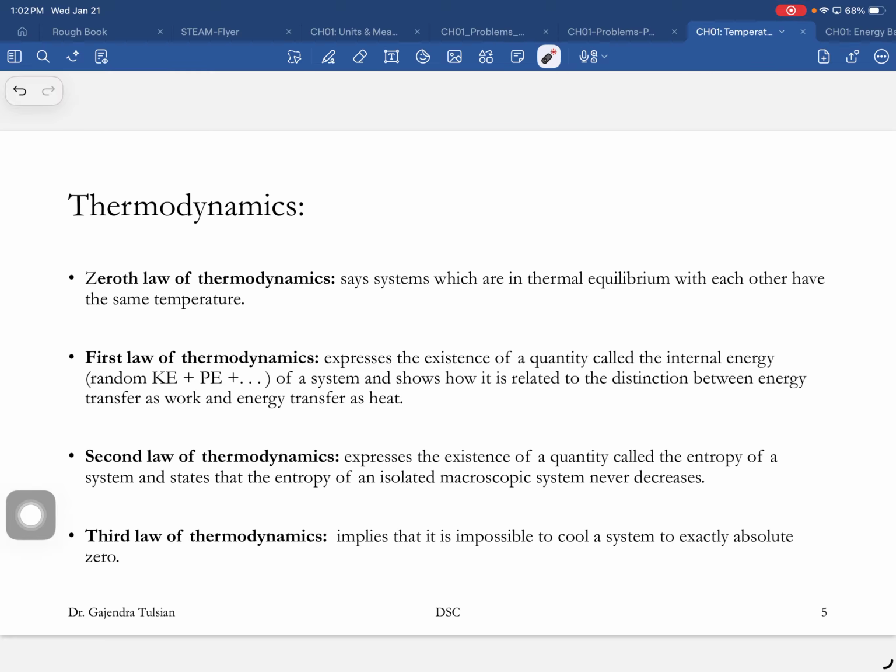Can you tell me what is in thermal equilibrium in this room? Everything that's in the room is at room temperature, the same temperature. That's inanimate. So hopefully David is not in thermal equilibrium with this chair, right?